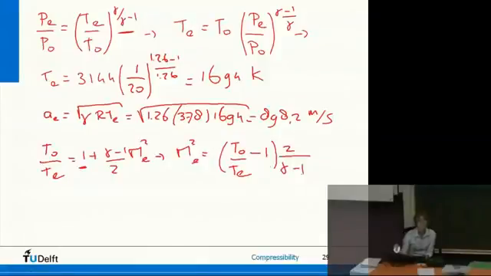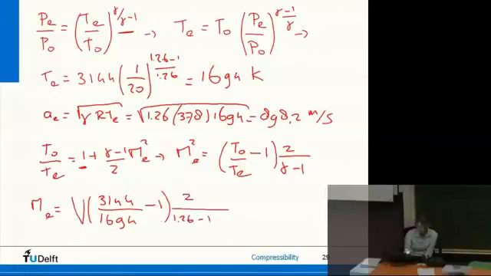So then I find that Mach at the exit is, T0 was 3144, T exit we computed 1694, minus 1, times 2 over 1.26 minus 1, and then we take the square root to find the Mach number, and we have the Mach number 2.566.